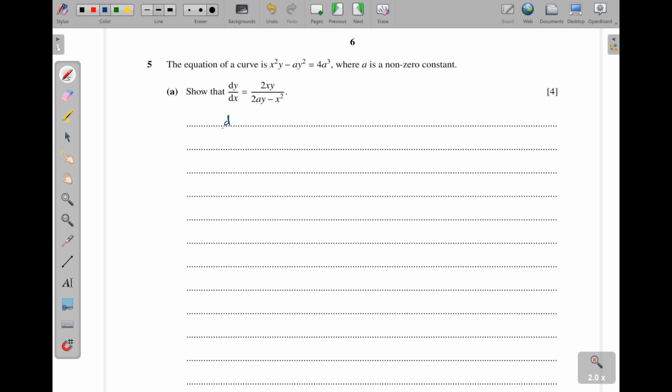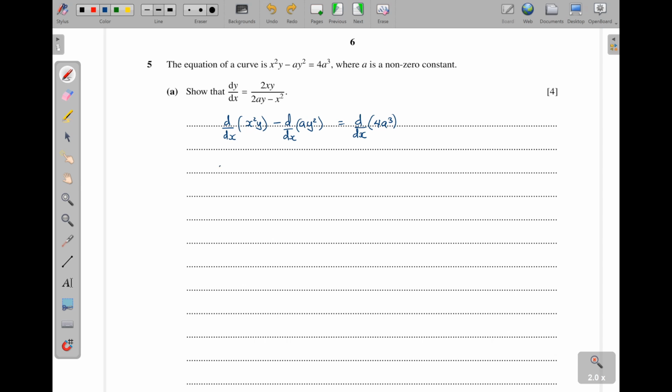So I'll have d/dx of this one, then minus d/dx of a y squared, then also d/dx of 4a cubed. Now this is a product of two functions, so I'm going to use the product rule.